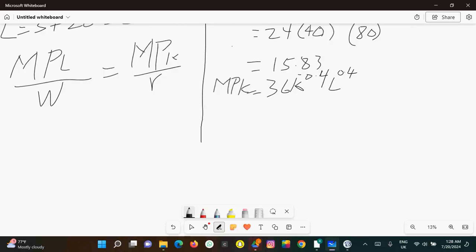So L raised to the power 4. And when you put everything inside, K is 14. L is 2.